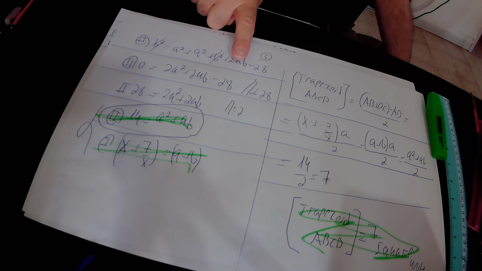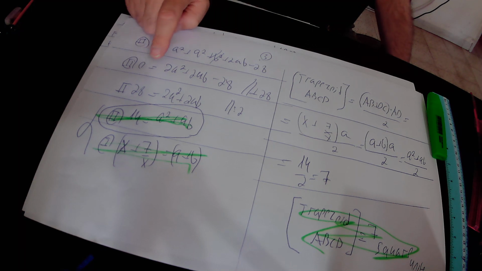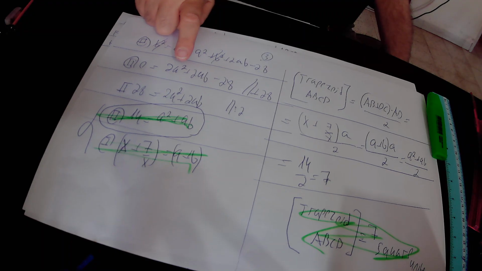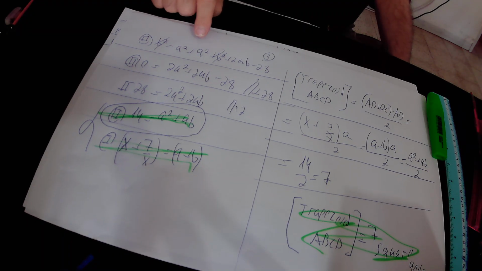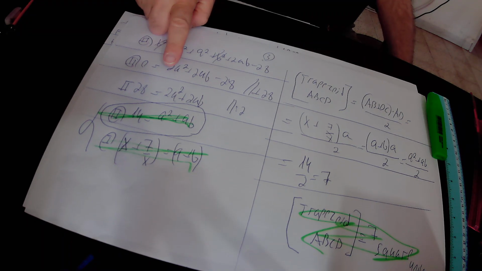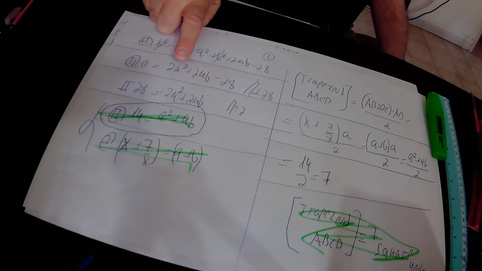Here we added 28 to this equation 2, and found out that 0 plus 28 is 28. This equals 2a squared plus 2ab. So according to equation 2, 28 equals 2a squared plus 2ab. Here we divided this equation by 2.